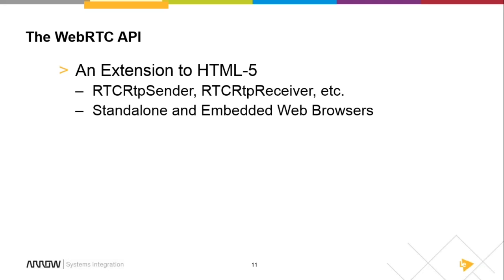So we see this RTC, RTP sender and real-time communication senders and receivers, and ignore all that. Just know that it's there, and it could be within standalone or embedded web browsers.